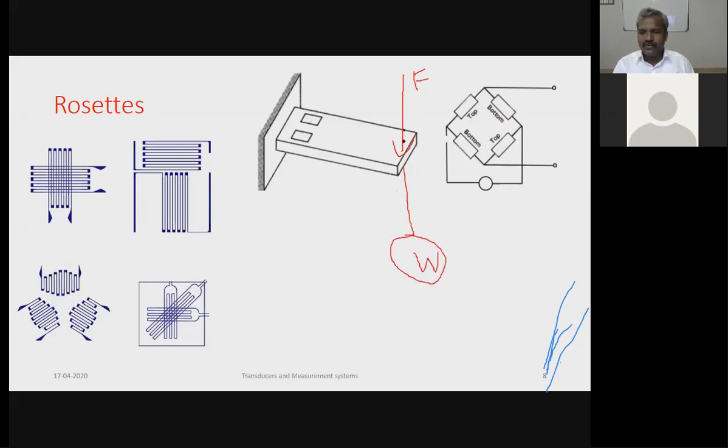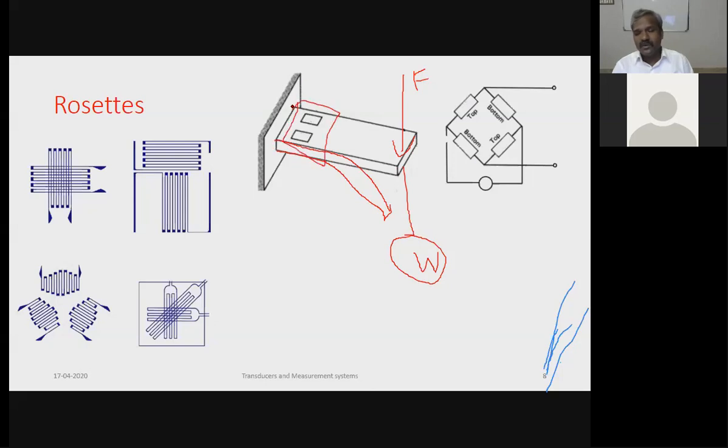Okay, when we apply force at this end, the maximum strain will be developed. See, when the cantilever beam, when we apply force, it bends like this. So the maximum strain will be developed at nearer to the fixed end.